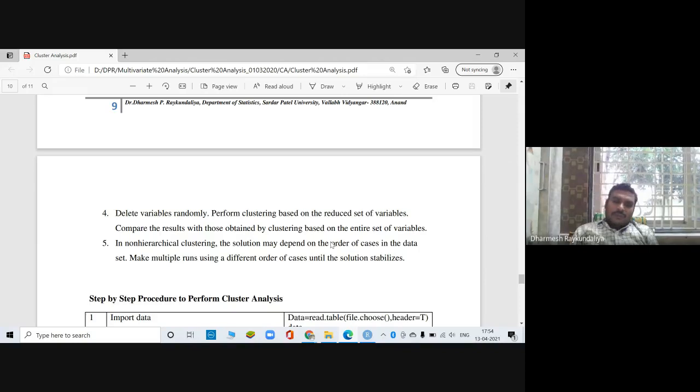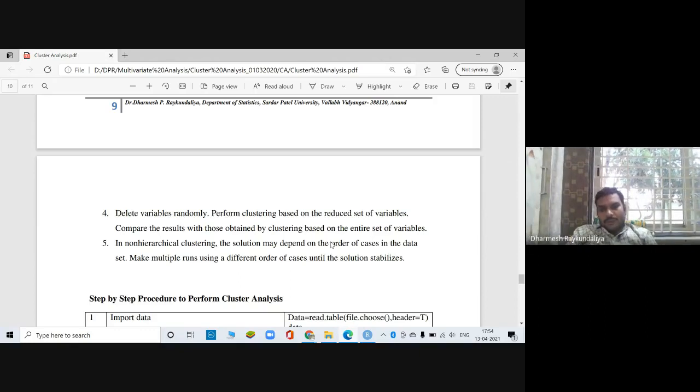Cluster analysis is also said to be unsupervised learning because we do not require any prior information for the clustering. Based on the variables, we try to identify which objects belong to which group. We try to find the similarity and dissimilarity. Similar objects belong to the same group, dissimilar objects belong to different groups. We try to find clusters in such a way that within the cluster the data are homogeneous, and between clusters they are heterogeneous.